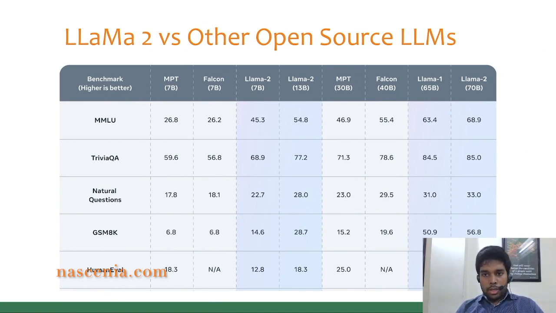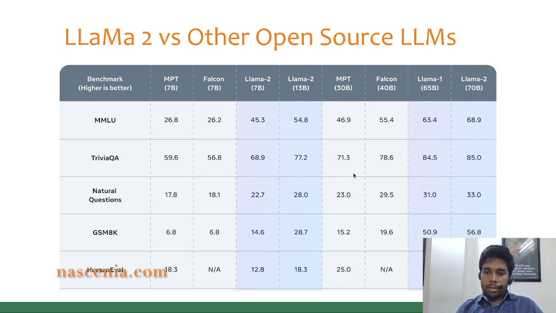Moving on, LLaMa 2 performs better than most open source models at its 70 billion parameter sized architecture. As you can see on the massive multitask language understanding dataset, it is way better on the 70 billion parameter size than Microsoft's Falcon, and also the smaller sizes of Falcon and LLaMa 2 as well.